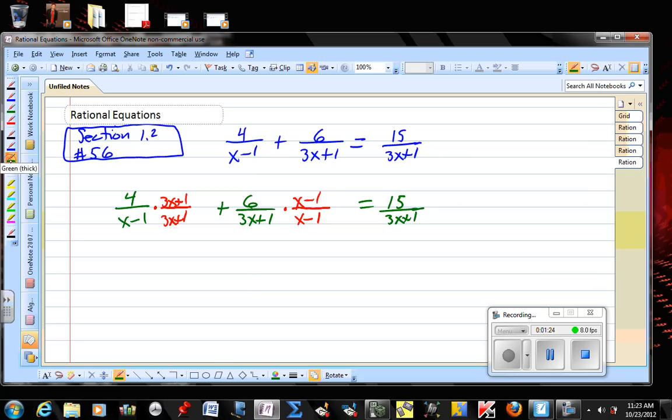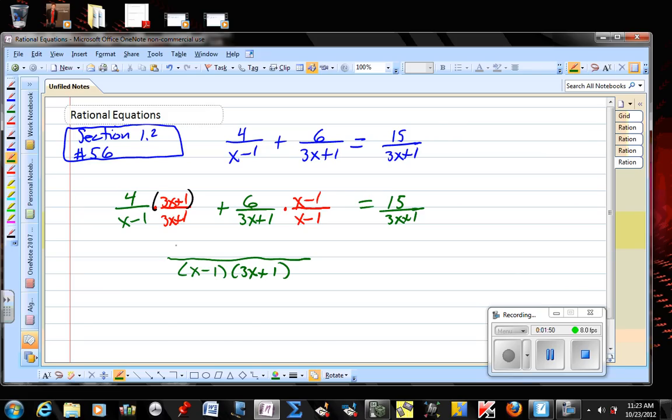The next move is to recognize that we have a quantity x minus 1 and a quantity 3x plus 1, the denominator of each fraction, so we can combine them. We're not going to distribute the denominator right now. We're going to leave them in factored form. And on top, when we do 4 times this quantity 3x plus 1, we're going to distribute.